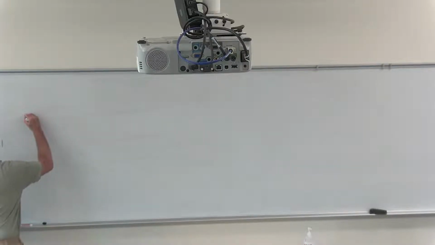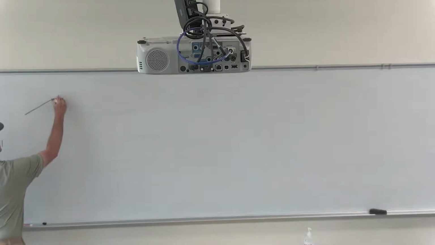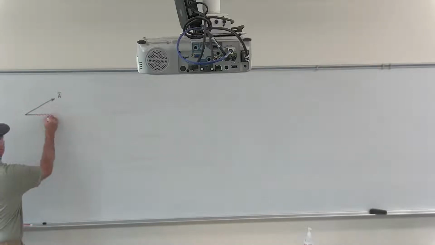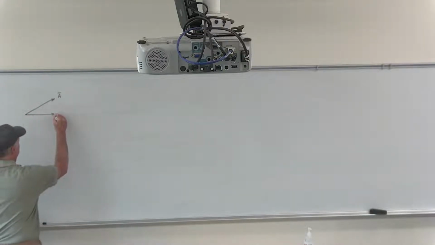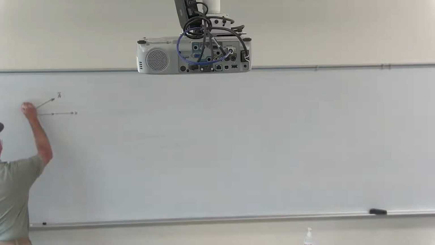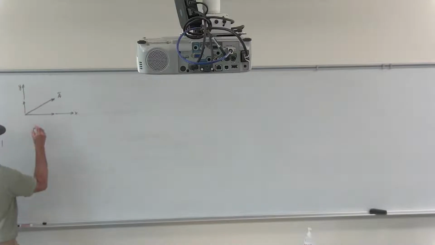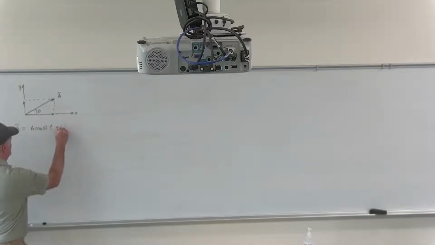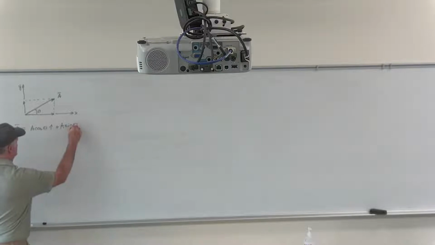Let's say you just had a vector A set out here, and here's your X and here's your Y coordinate, and obviously you can break it into components: A cosine theta on the I, and a sine theta on the J.